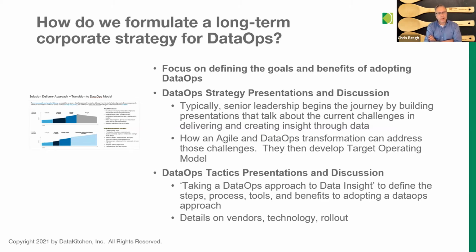And then there's a way that you could get a strategy presentation and then an implementation presentation, with tactics on vendors and tools and ideas of how you're going to do it.